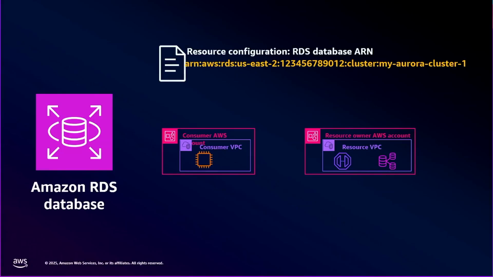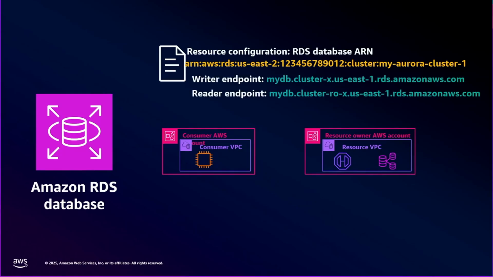But what is the benefit of using an AWS ARN instead of just configuring the IP addresses or utilizing the DNS name? One of the benefits of AWS databases is that we can provide you with database writer endpoints and reader endpoints.